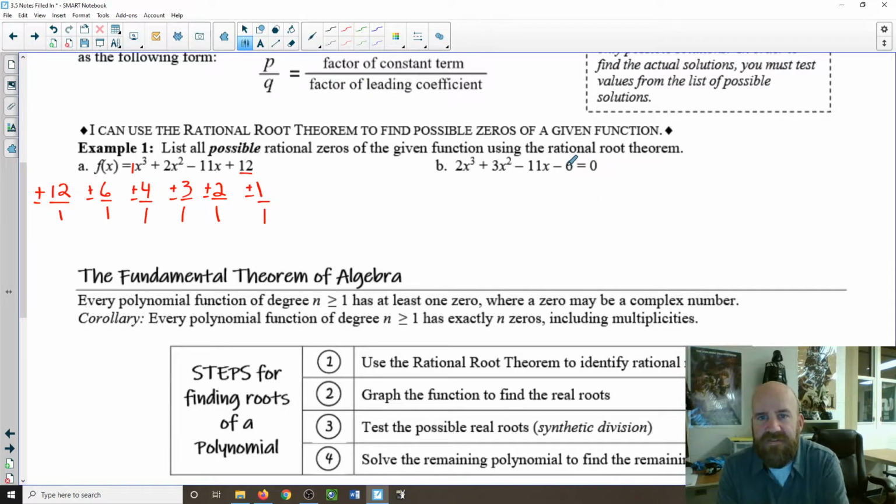So factors of 6. So factors of 6, we need 6 and 1 and 3 and 2. But this is how we're going to do it. We're going to go 6, 3, 2, and 1. So we know those are both positive and negative. Okay, you can separate these with commas if you want.